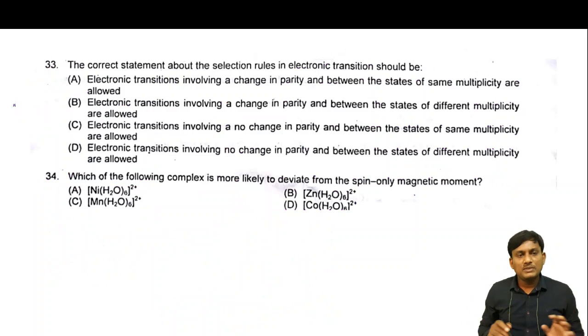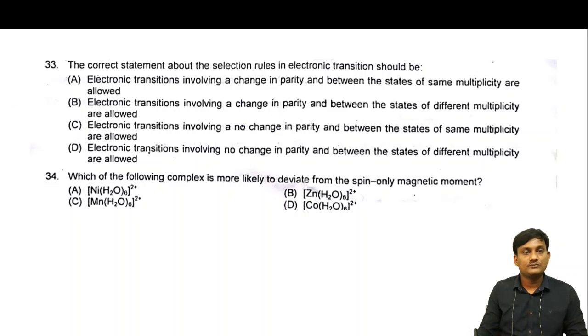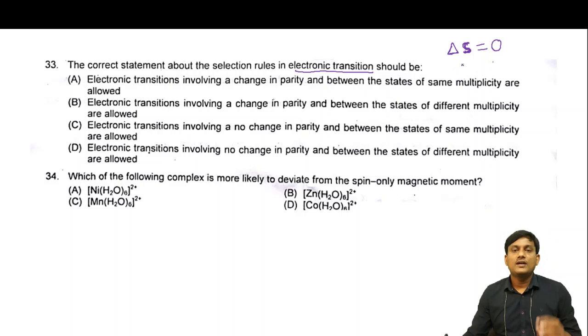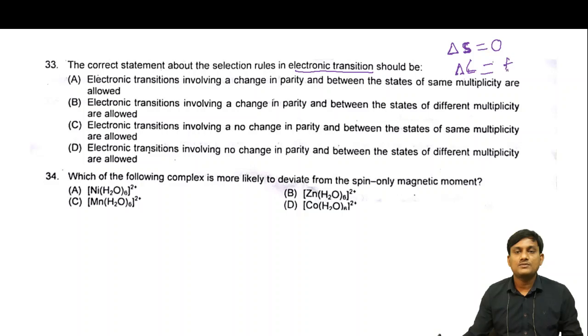The correct statement about the selection rules in electronic transitions. We know that for electronic transitions, delta S should be 0, meaning the transition should be between states having the same spin multiplicity, and delta L should be plus or minus 1.